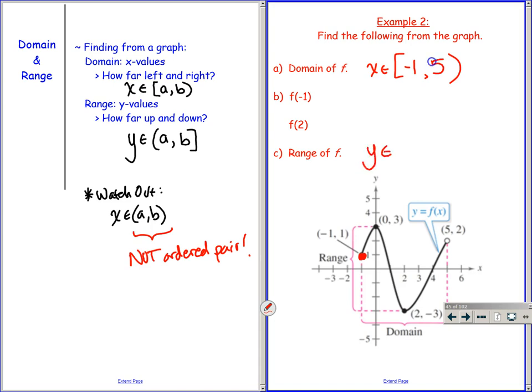Y is within. How low does it go? Y -3, because we're looking at the y's now, right? So -1, -2, -3 is the lowest height we go. Bracket or parenthesis? Because it's closed, right? And how high does it go?